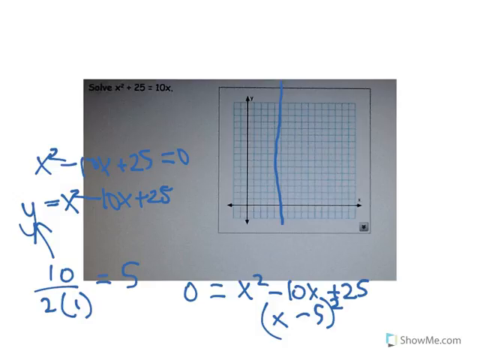So the solution is x is going to be equal to 5. There's only one solution because it's squared. So it doesn't really cross, it just hits right there at the 5. So that's the solution. There's only one solution in that case. And this is a special case because it's a perfect square.